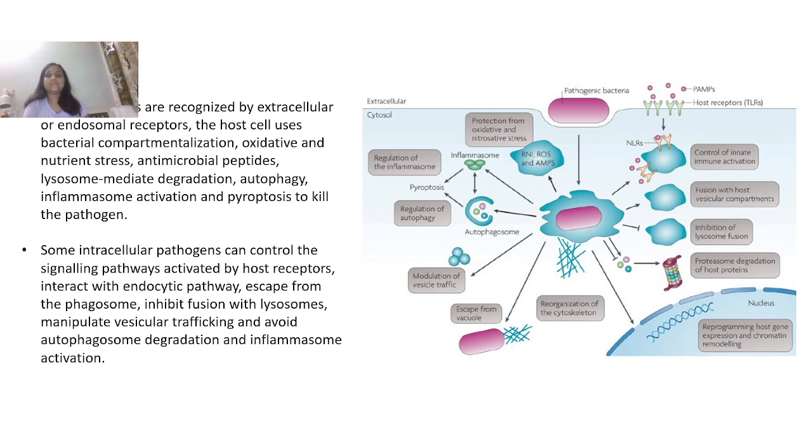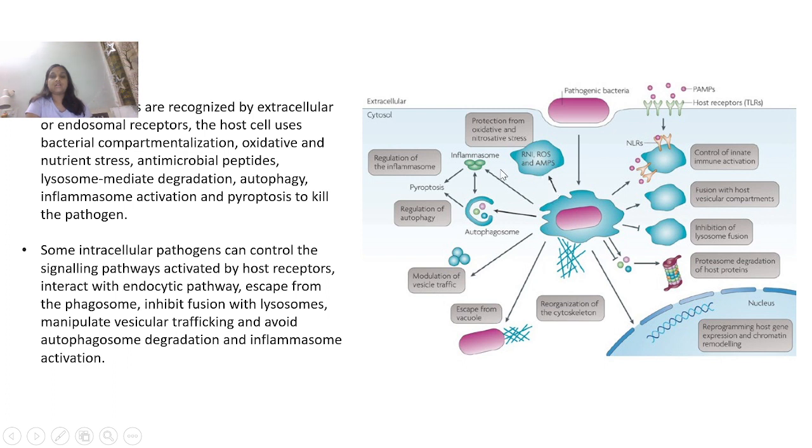So, for example, this pathogenic bacteria is entering. Our cells can compartmentalize it. Like it can form a compartment outside the bacteria where the bacteria can enter into this compartment. There can be production of ROS and antimicrobial peptides.